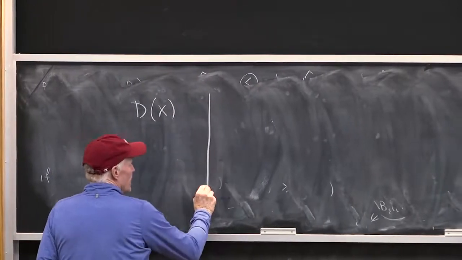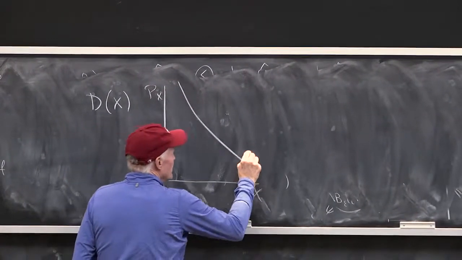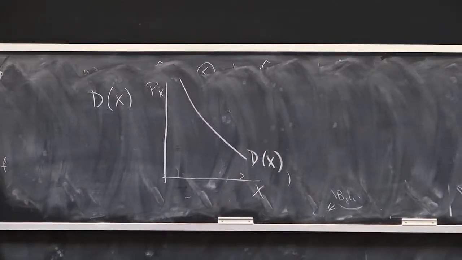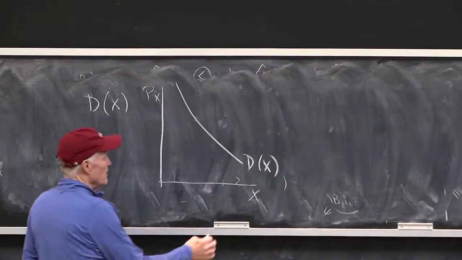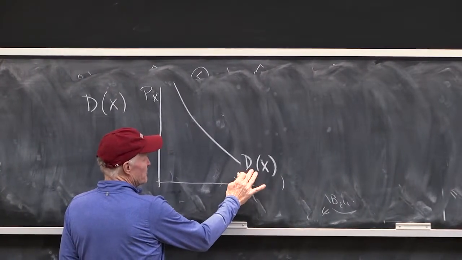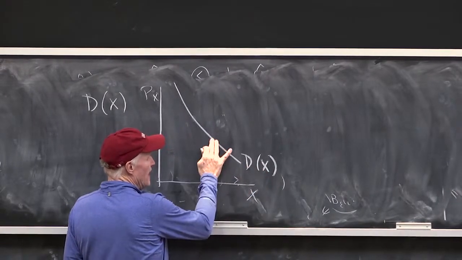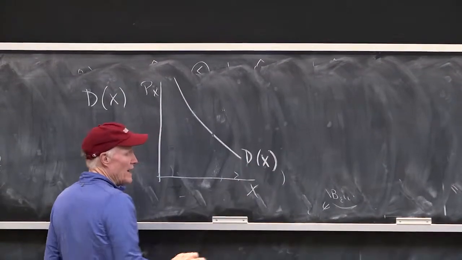So you have some demand curve. Here's x, here's the price of x, here's d of x. Then you can think about, so this is an inverse demand function, right? Because if it's a function of the quantity, this gives you the height of the demand curve at a given point for a given quantity x.